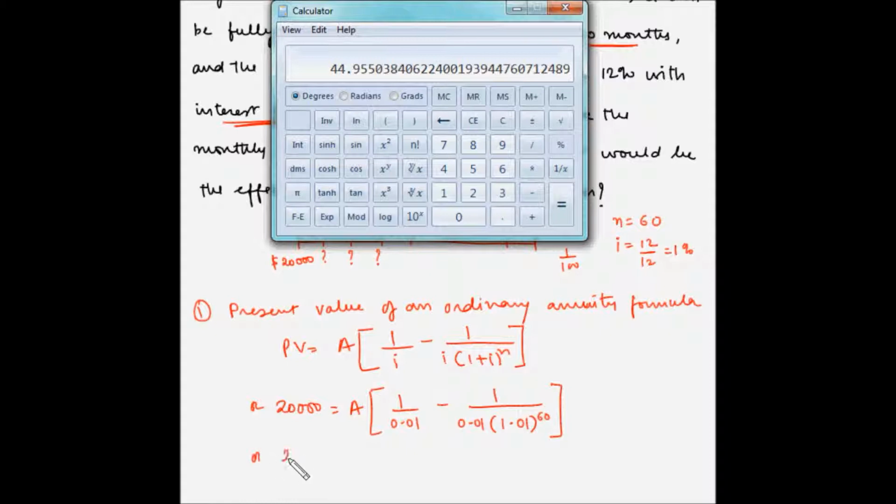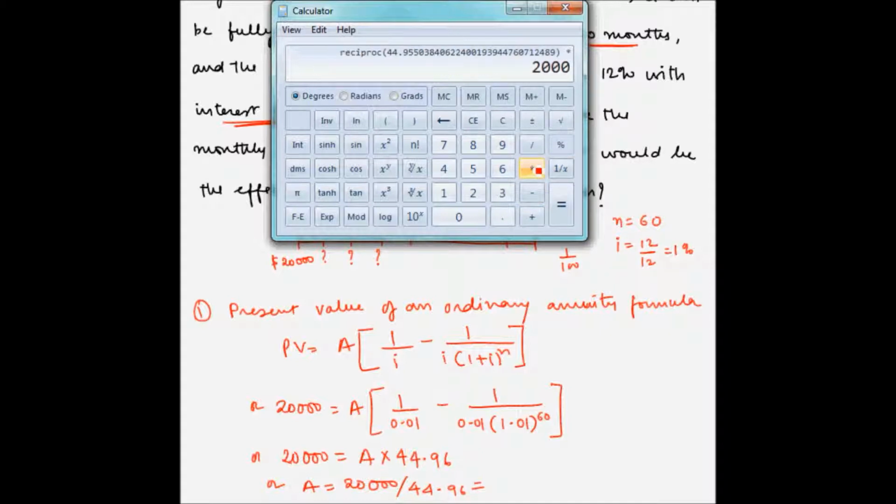So 20,000 is equal to A into 44.96, or A is equal to 20,000 divided by 44.96. So this is again 1 by x multiplied by 20,000.